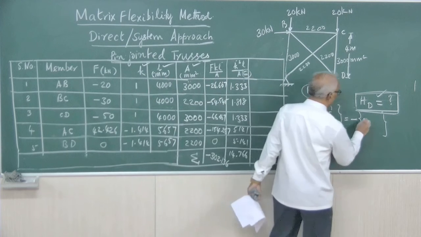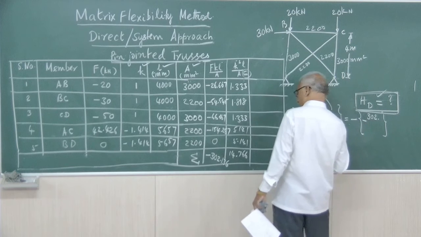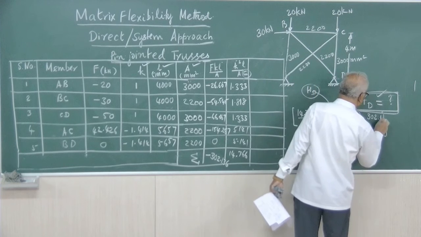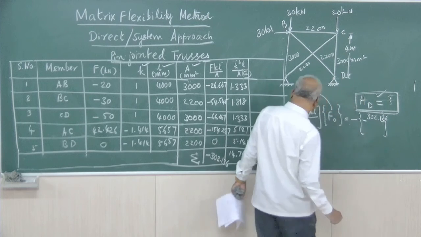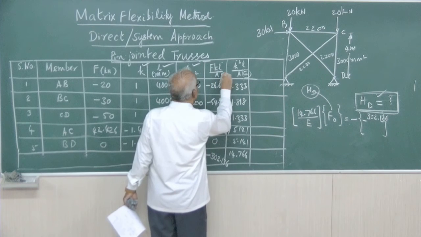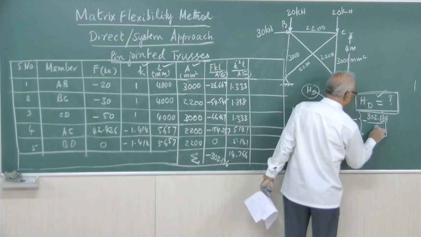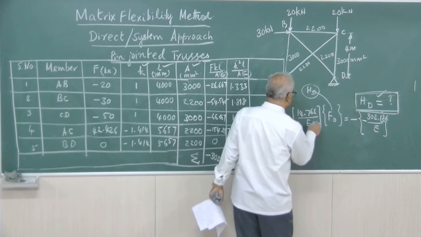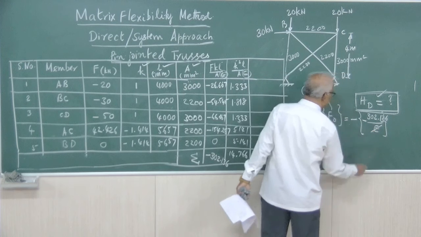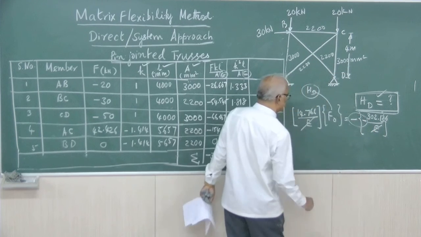So, minus half of 302.136, that is only FKL by A. E is needed, therefore by E. Because there is only one term, this E and this E will get cancelled, and the minus and minus will become plus.